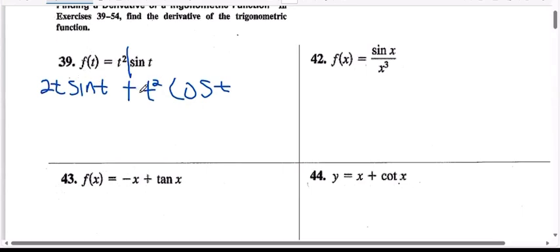So I've applied the product rule here. When we look at the general formula for the product rule, I have a function of t multiplied by another function of t.